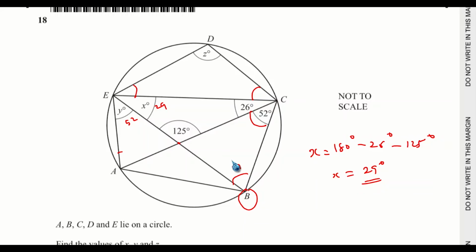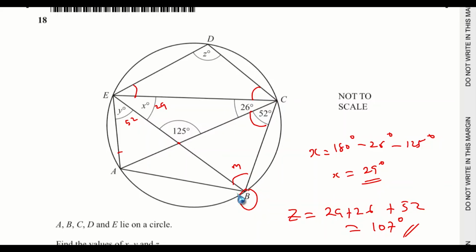So eventually angle Z will be equal to 29 plus 26 plus 52, which will be 107 degrees.